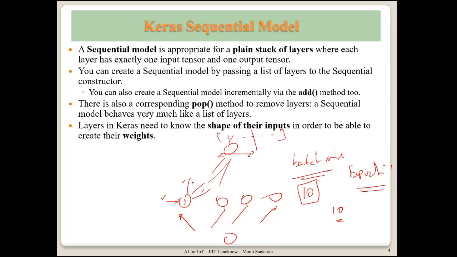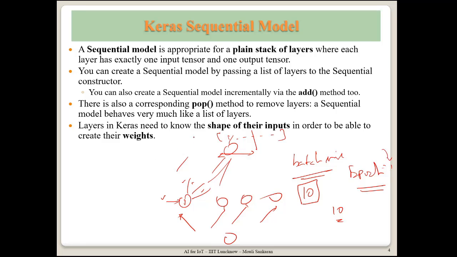If you say batch size is 10, that means after 10 inputs have been processed, then the computation of weights and back propagation happens. Based on the number of epochs you give, it will be done multiple times. So let me explain it again.